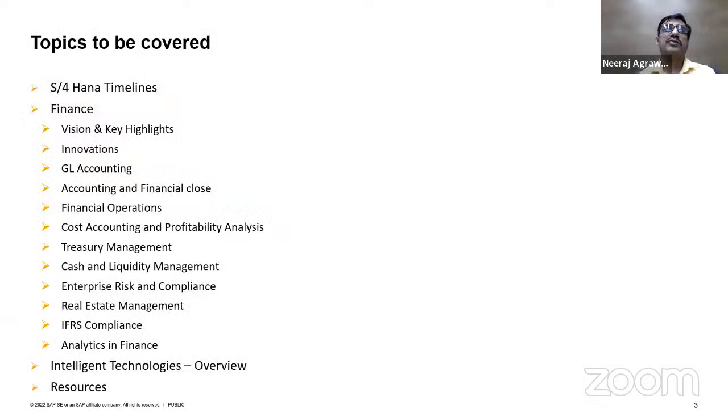So what we are going to cover today. The S4HANA timelines, just a basic understanding on this. Then we jump towards the finance, where we'll give you a vision and the key highlights of the innovations, a high-level view, GL accounting, accounting, financial close, operations, cost accounting and profitability analysis, treasury, cash and liquidity management, IFRS, analytics, intelligent technologies.